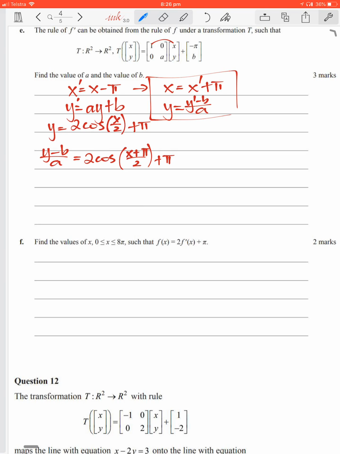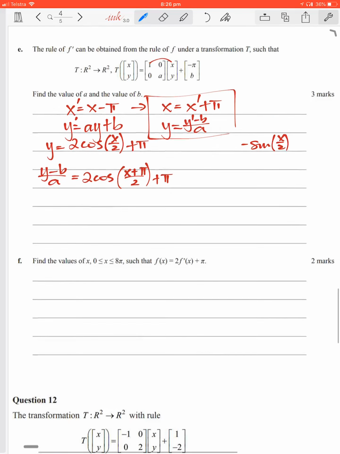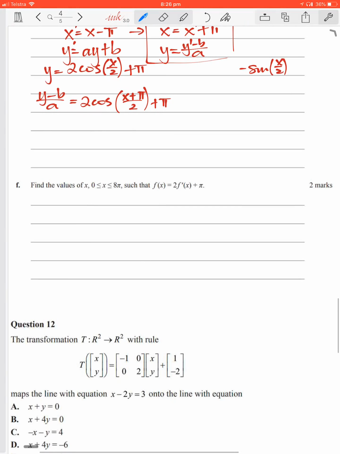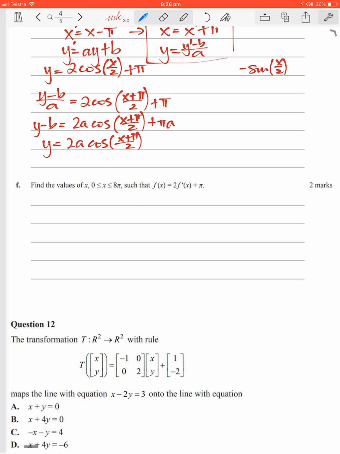Now we want to make that the sine graph. We want it to become negative sine of x on 2. So let's multiply the a across. So I get y minus b is equal to 2a cos of (x plus pi) on 2 plus pi a. And then I get y equals 2a cos of (x plus pi) on 2 plus pi a plus b.